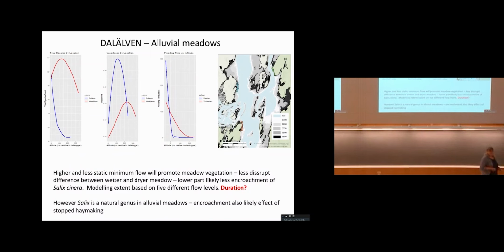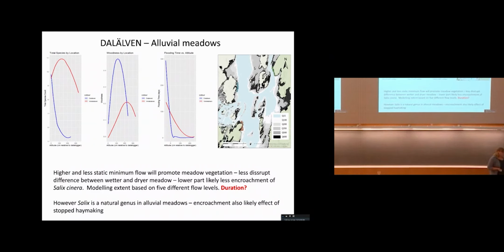The intermediately disturbed altitudes on the riparian zone are also the most species rich. And these are typically the graminoid zones and the Salix and Alnus zones where you find the most species.